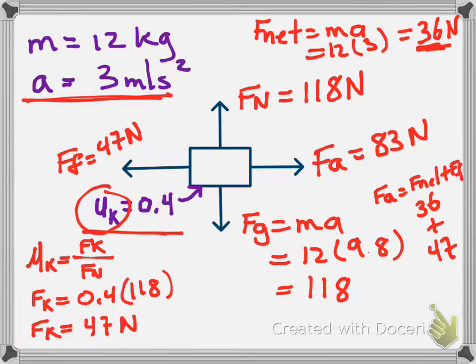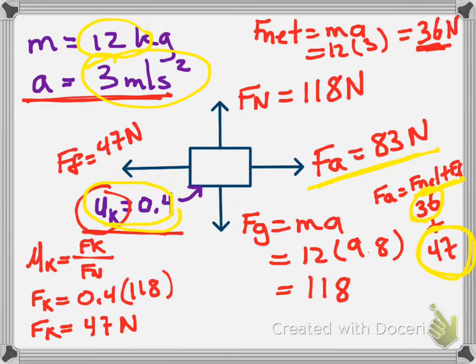And again, if you look at the overall, you have to think through what the interaction of the forces is showing us. Our applied force is always the combination of our net force and frictional force. We calculated our F net using our acceleration rate and our mass. That gave us 36 newtons. We calculated our frictional force by using our frictional coefficient and our normal force, and that equaled your 47 newtons.